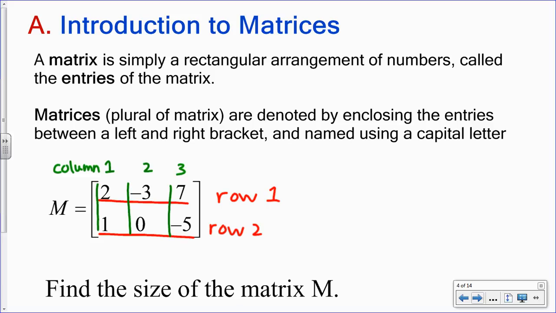So you want to know which ones are rows, which ones are columns. I think about columns being vertical because I think about the columns on a house, or the quad at Mizzou, those columns, they are vertical pillars. So vertical entries are your columns.